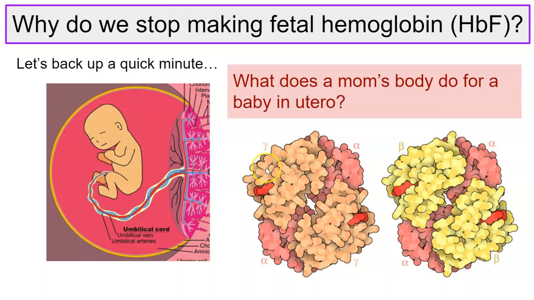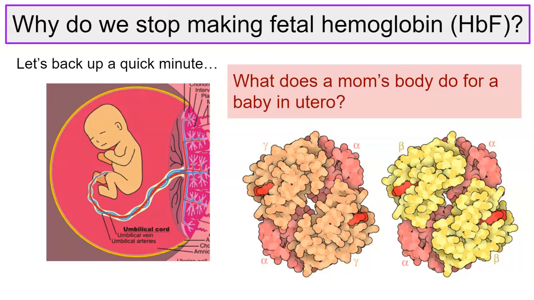So baby needs to up the game. It does that with fetal hemoglobin, which instead of these betas has these gammas. Don't worry about what's really going on at the atomic level, but it turns out this holds oxygen better. This is that greedy little kid saying, gimme, gimme, give me that oxygen. And that is how the baby can get oxygen from its mom's blood.